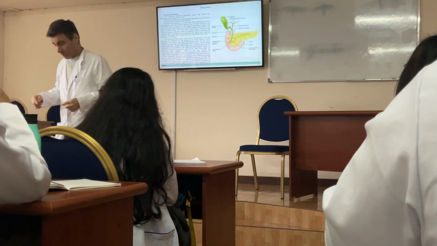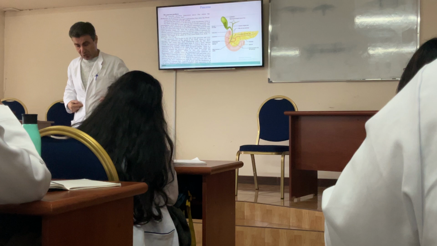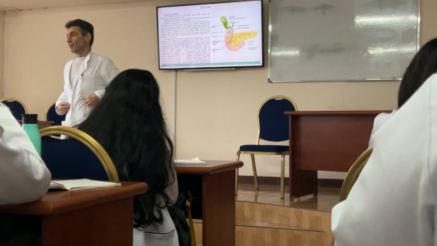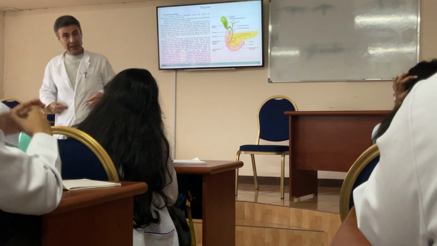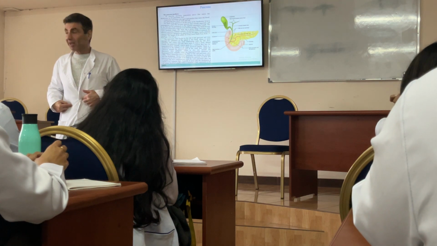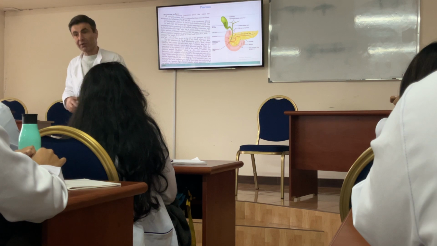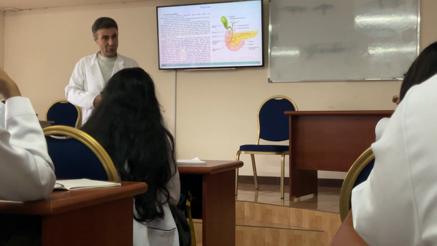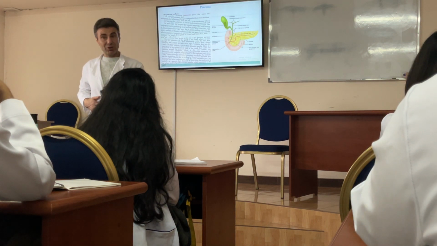By the way, your pancreas is directed from right to left and from down to upwards. The head of your pancreas, by skeletotopy, is located at the level of L2. The body of your pancreas is at the level of L1. The tail of your pancreas reaches the level of T11, T12. L2, L1, T11, T12: the projectional anatomy of your pancreas.